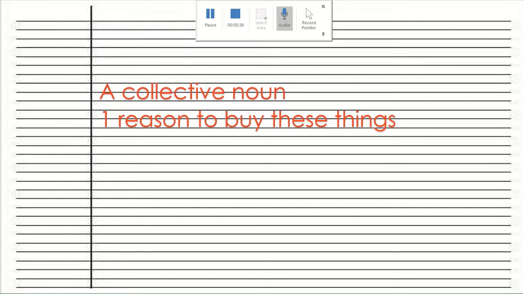So let's put down 2 reasons, one reason and another reason. And don't forget the last objective, which is to tell readers where to buy these things.